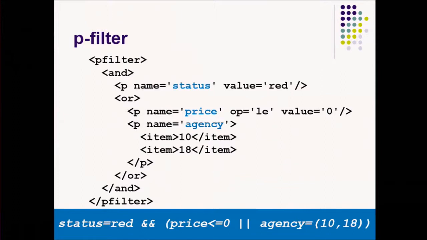And a p-test just compares the value of a single property with a test value. So it has three components: the name of the property, the test value, and a comparison operator like less than, equal, and so forth. And a p-filter can be expressed either as an XML element or as an equivalent query string, which is important for practical purposes.